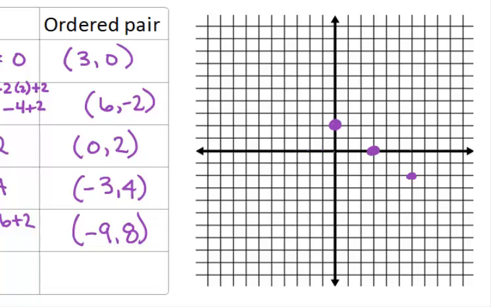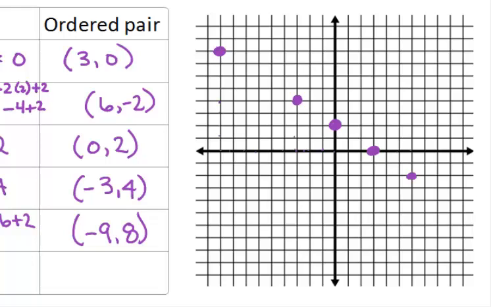Negative 3, 4 is left 3, up 4 units. And my last ordered pair is negative 9, 8. So that gives me that ordered pair there.